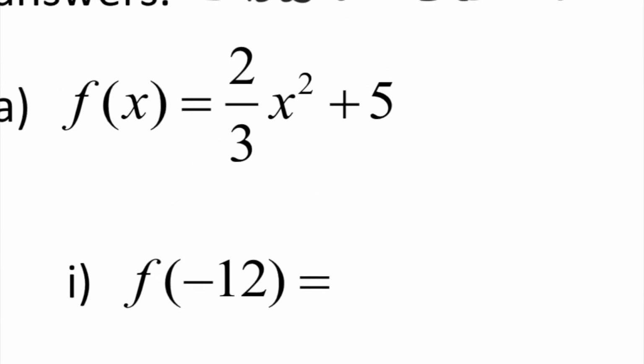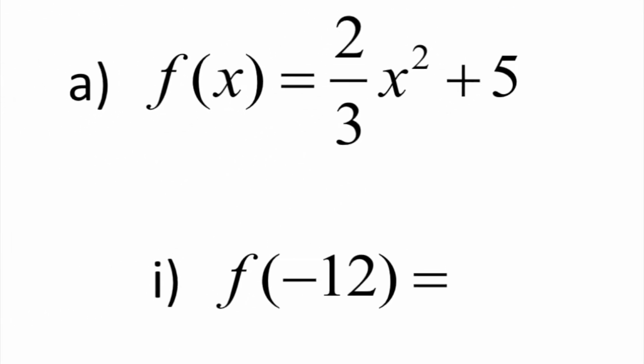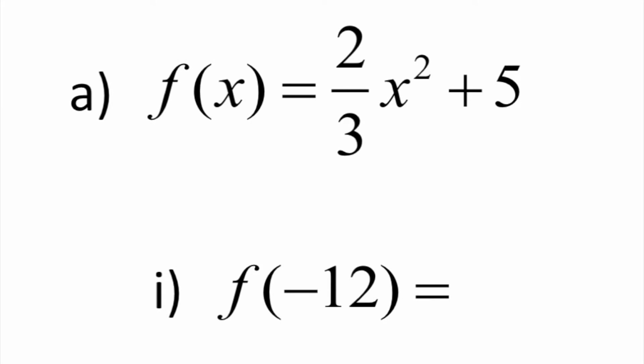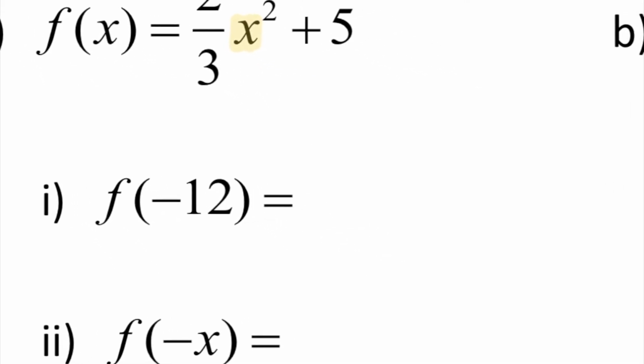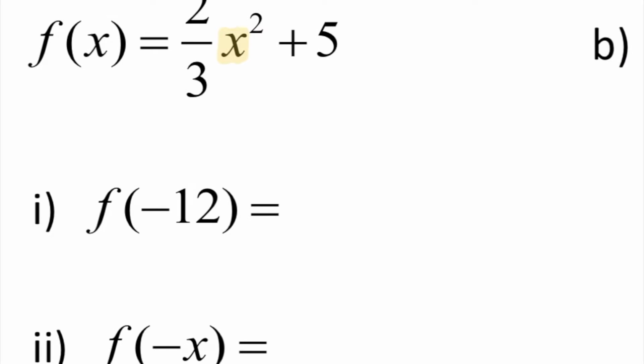But here, we're looking at a function, and in this case it's 2/3 times x squared plus 5. Whatever is the input inside the parentheses of what I ask you to evaluate will replace the x when you're computing the function. For example, in this first question, I ask you to find the function value at x equals -12.